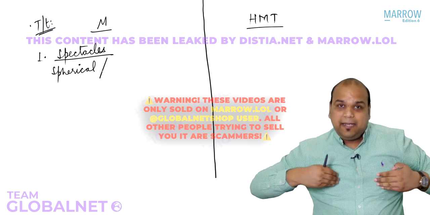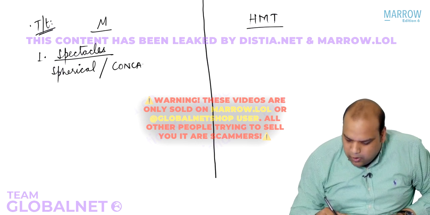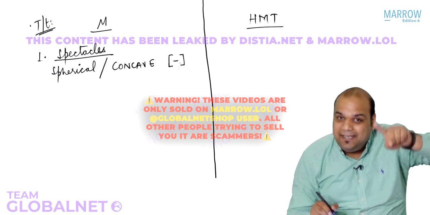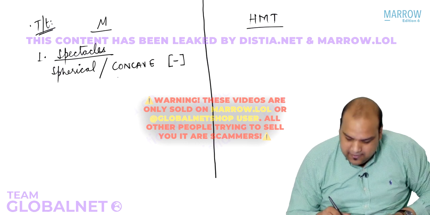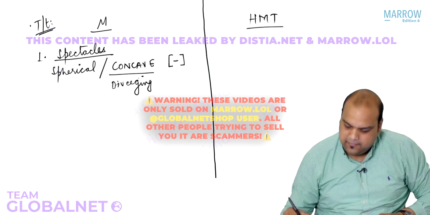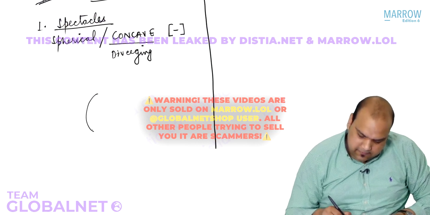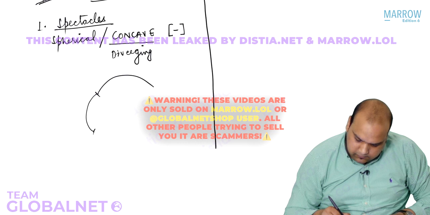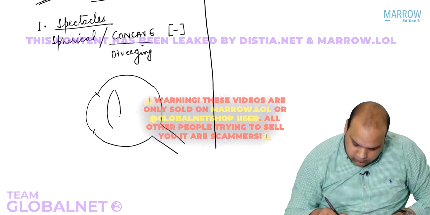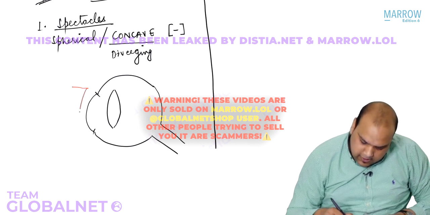We need to send it back. To send it back, we need to diverge. Which lenses are diverging lenses? Concave. And concave are powered minus, because the power is more. So concave lenses or diverging lenses. I hope you understand this. If I draw such an image, in front of this, I have placed a concave lens.